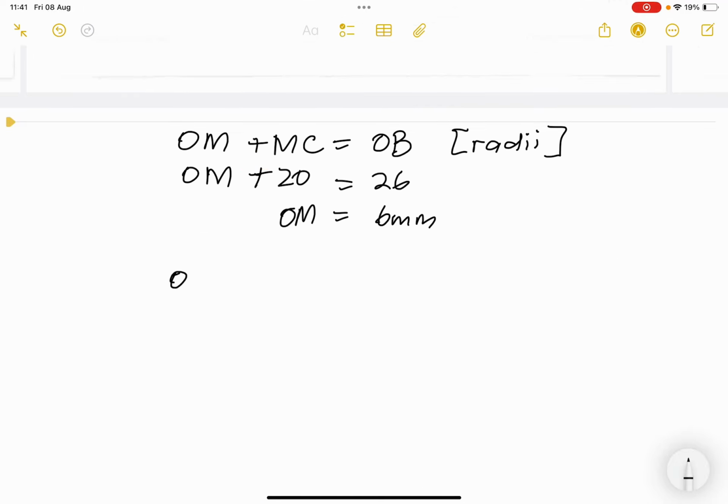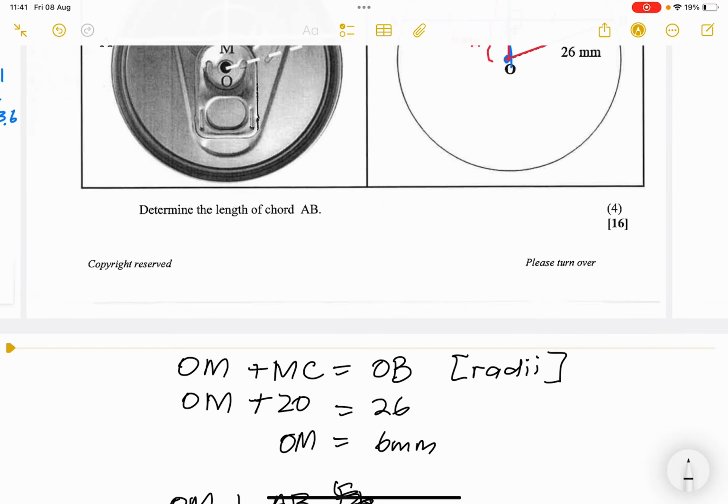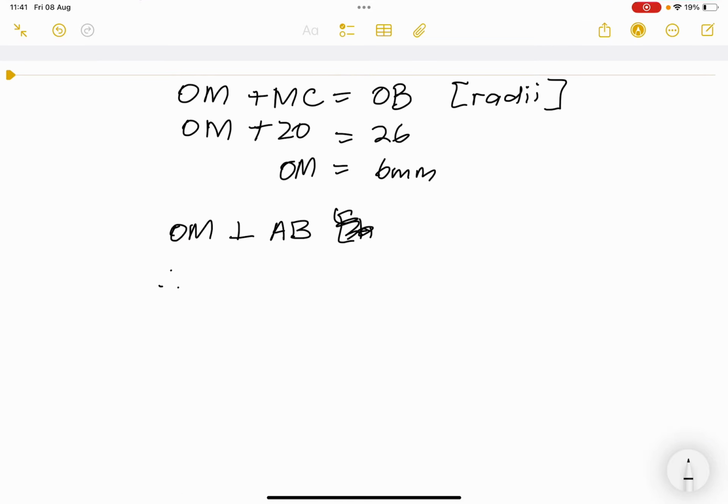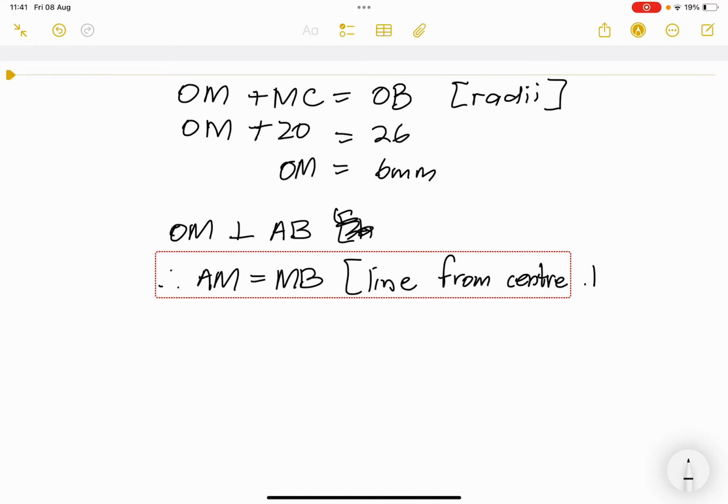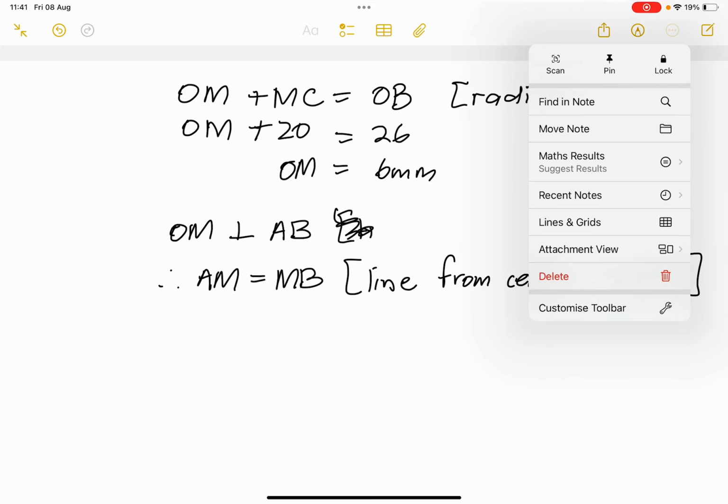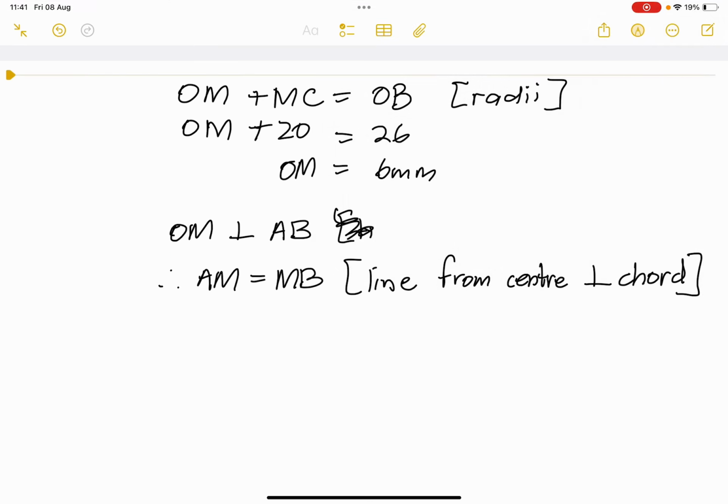So therefore, AM should be equal to MB, and this is because the line from the center is perpendicular to a chord. If it's perpendicular to a chord, we know that it bisects that chord.